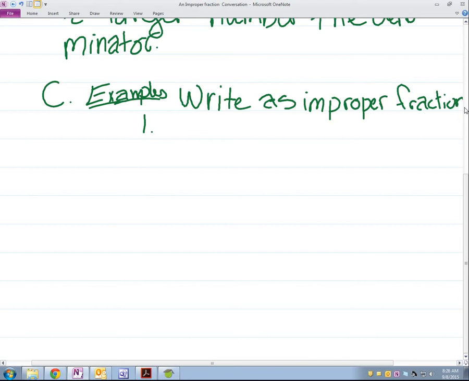So writing as an improper fraction. No, you just write what I write as I write it, unless I tell you not to.